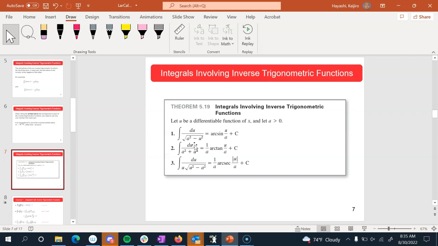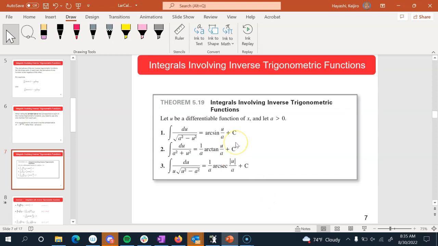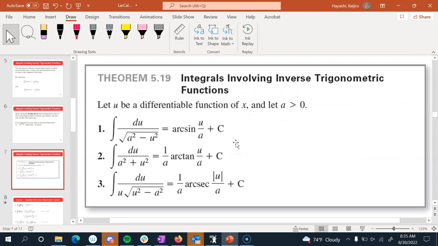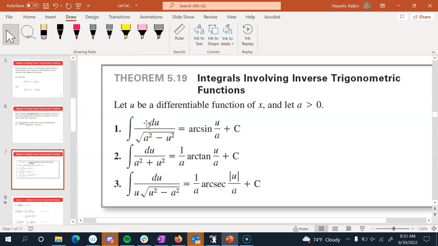Okay, so these are the three antiderivatives. And you'll notice that they're really similar in form to the derivatives that you learned pretty recently on Thursday. There are some minute differences.